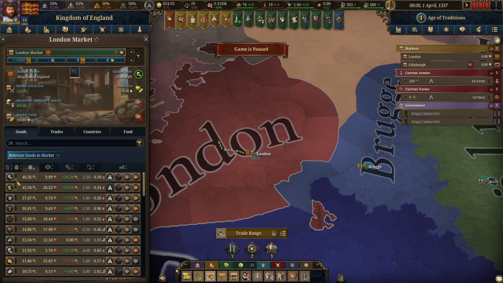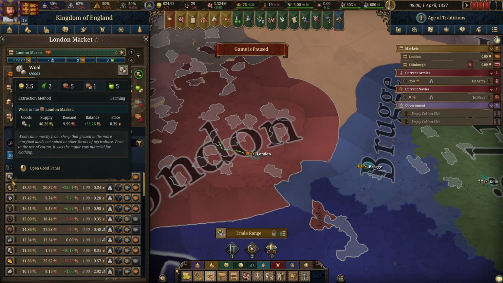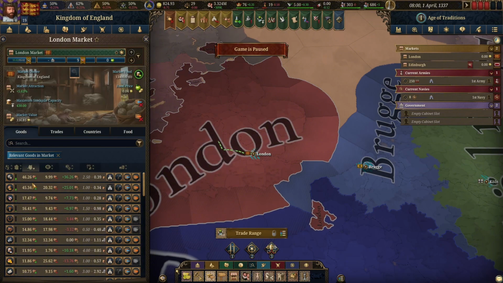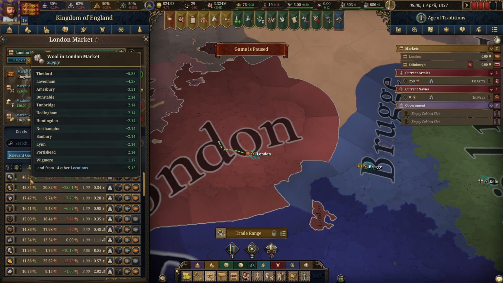So although other countries can import and export to your market, don't worry about them causing a goods or population needs deficit. The pictures represent the goods, and what's highlighted on the map are the locations where they can be gathered or produced. Next, we have the current supply and where your supply is coming or being imported from.